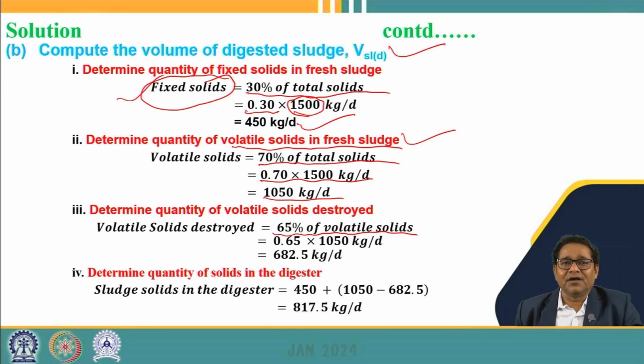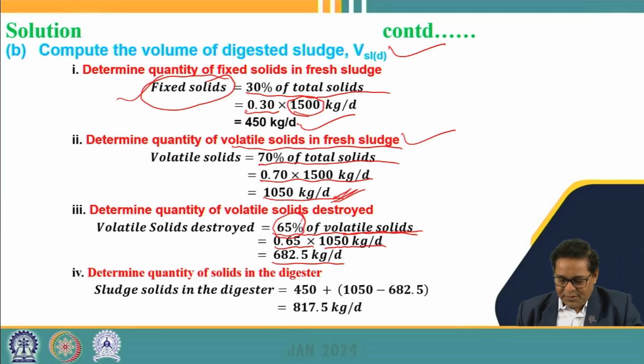So to find how much volatile solids are destroyed, we take 65% of the total volatile solids, which is 0.65 times 1050. So we get a value of 682.5. This much volatile solids will be destroyed. If we subtract this value from the total volatile solids, which is 1050, we get how much volatile solids will remain in the digested sludge.